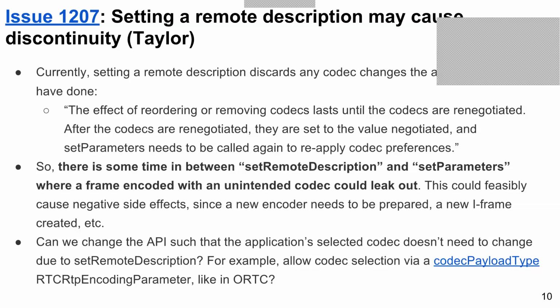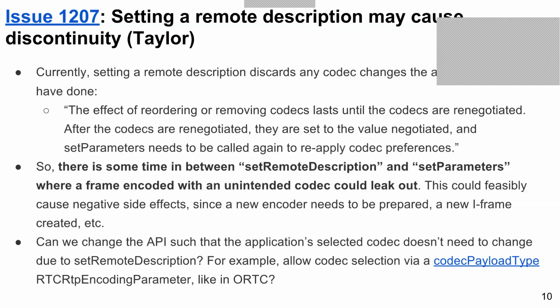Well, no. Set codec preferences is only what codecs are offered. Yeah, so the issue here, and this goes back to when we first added the codecs to set parameters, is that when you get the remote description, it's basically the remote side saying to you, please send this codec.